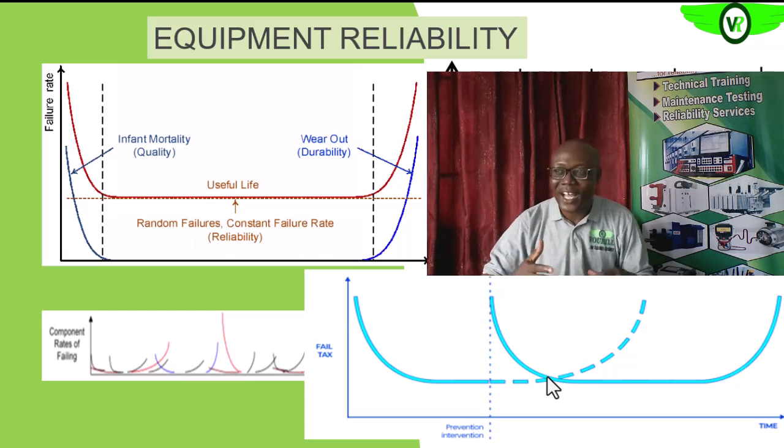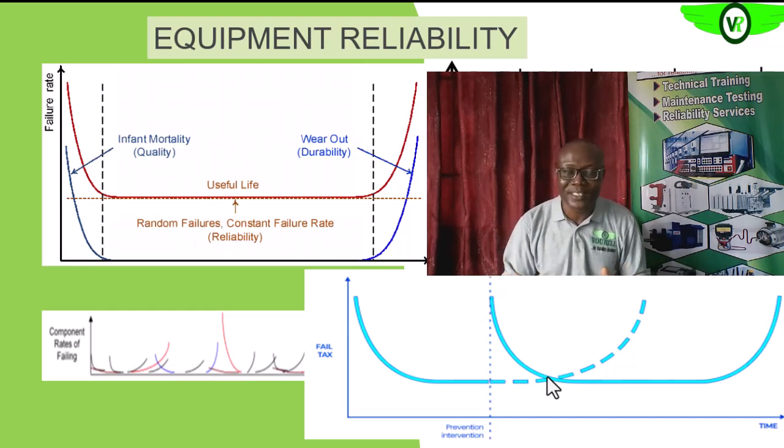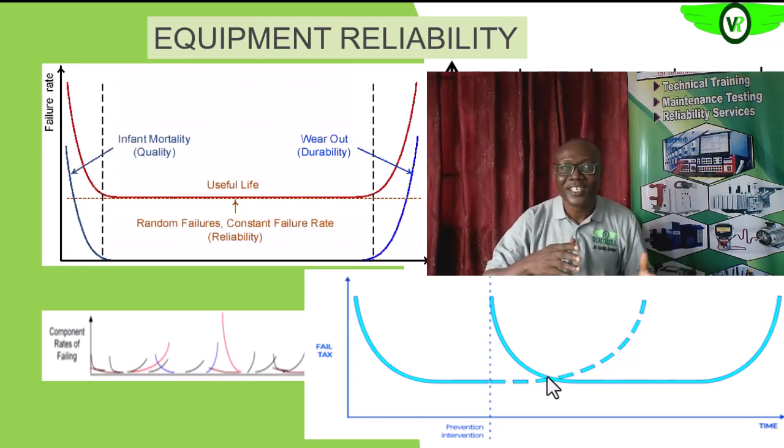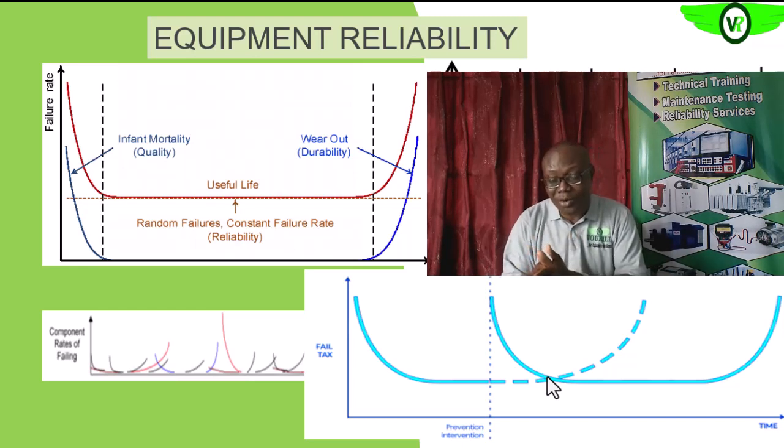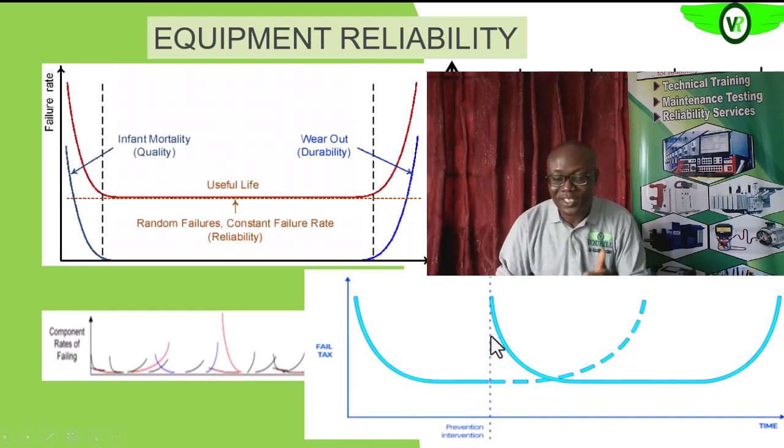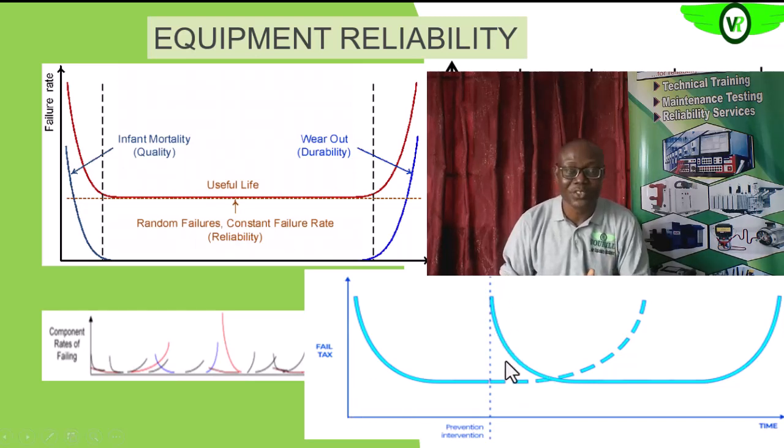Equipment after maintenance, during commissioning, or during recommissioning, or a short while after recommissioning, the equipment fails again. That same component fails again. It is because of those maintenance-induced errors, or the component entering this infant mortality region of the equipment.